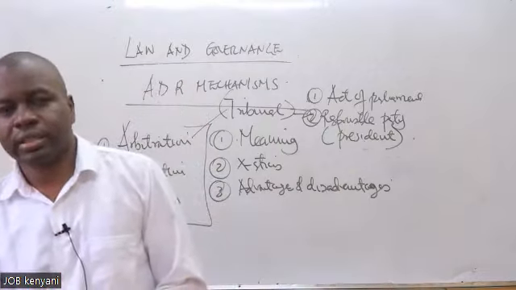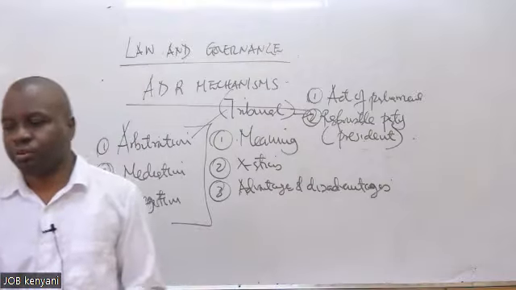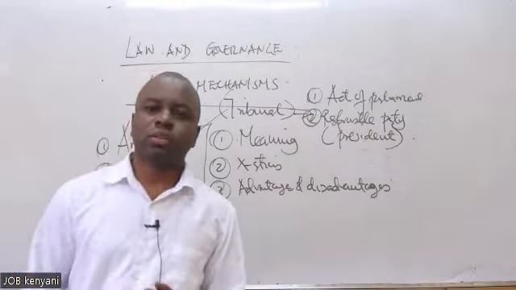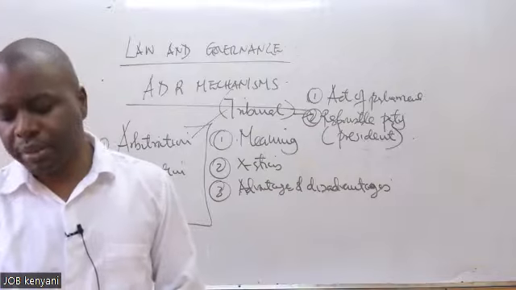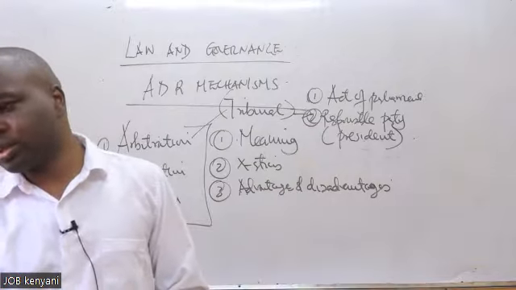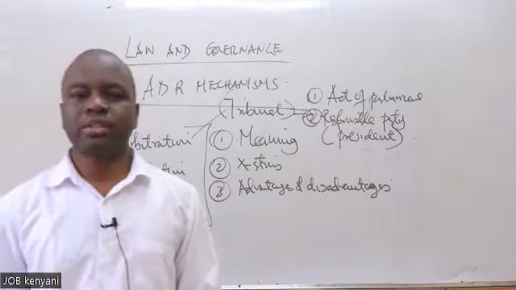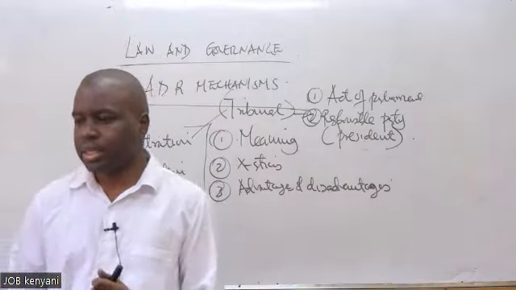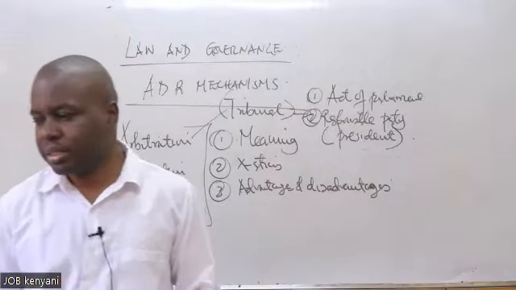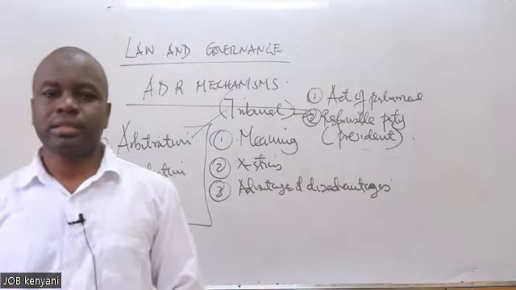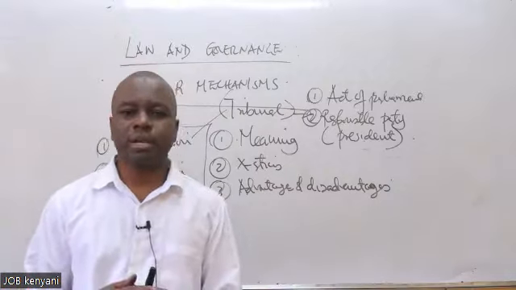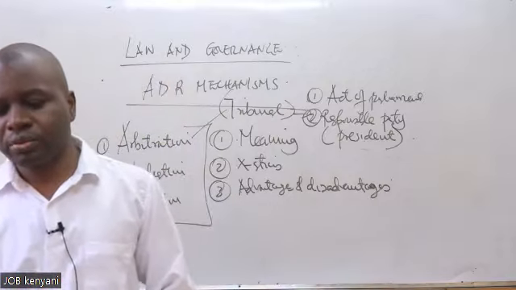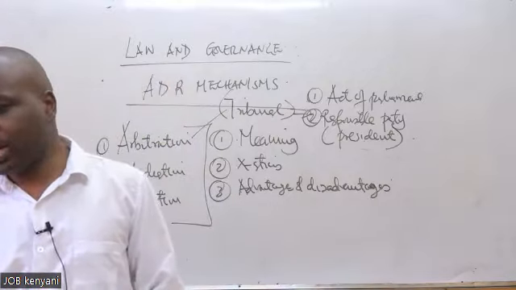So the advantages, just from the characteristics: it is very confidential and very flexible. The parties are likely to conform to what they have agreed upon because they agree, for example, to cede part of the ground. Since it is a voluntary process, no one is required to participate in negotiations, and that makes it very easy for persons to resolve a dispute.